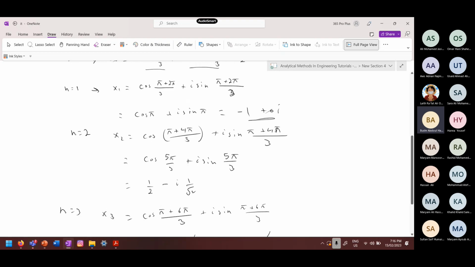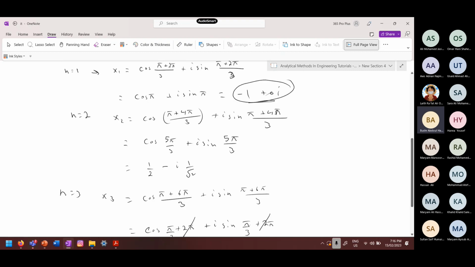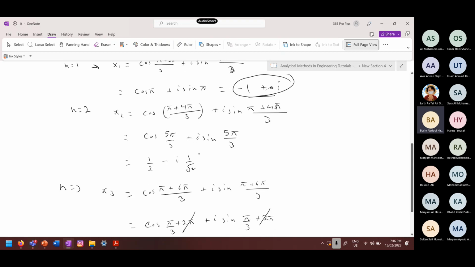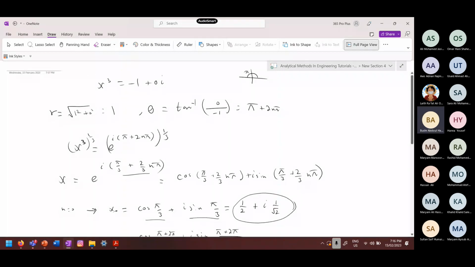So you'll have only 3 solutions. The first solution is x of 0. The second solution is x of 2. The third solution must be like the x of 0, but with a different sign, the conjugate of x of 0.